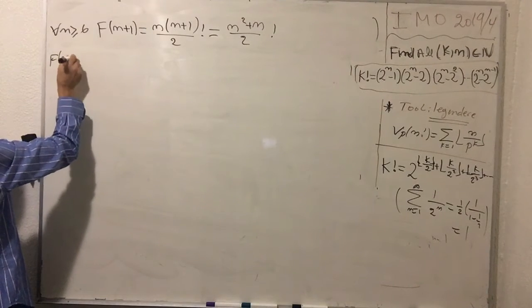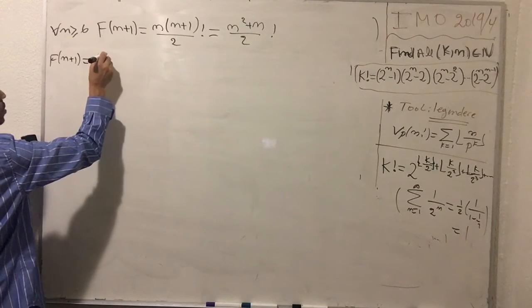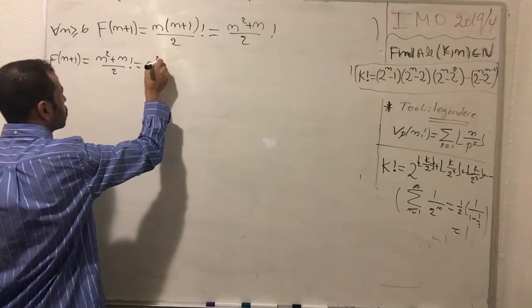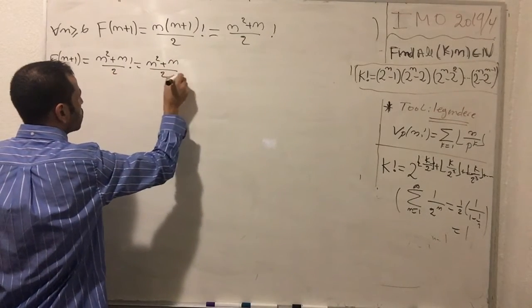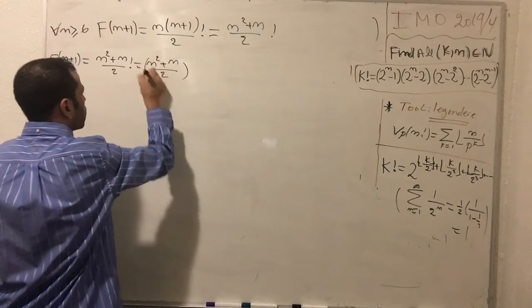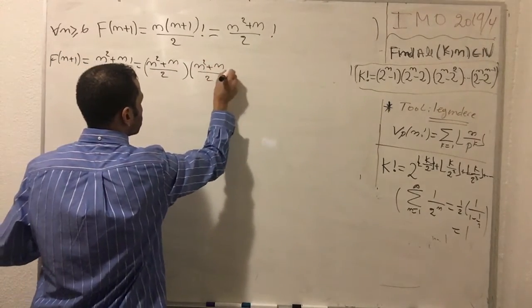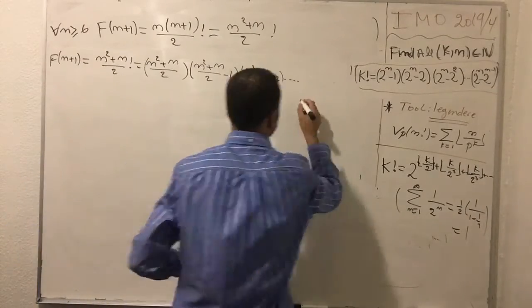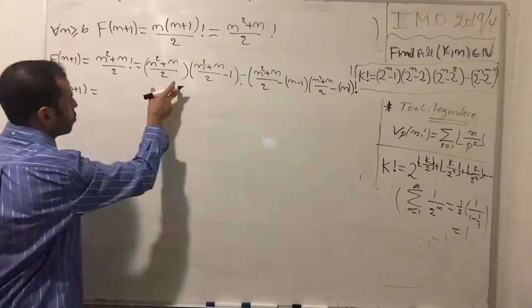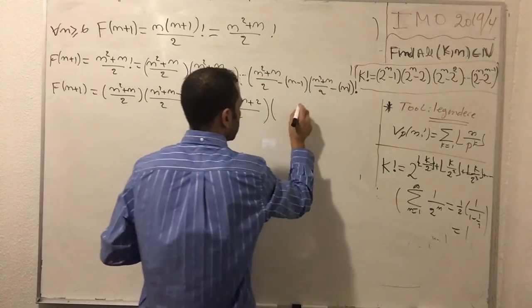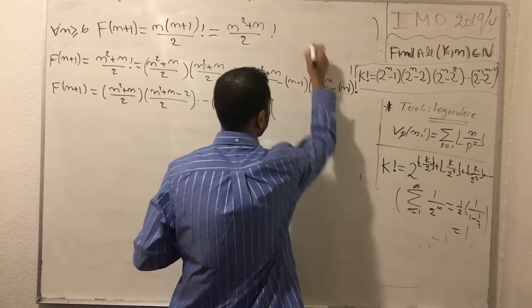f of n plus 1 equals 2 to the n squared plus n factorial, squared plus n over 2, multiplied by n squared plus n over 2 minus 1. This one is n squared.